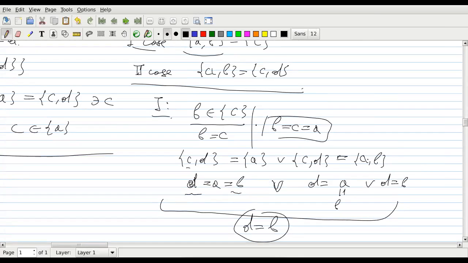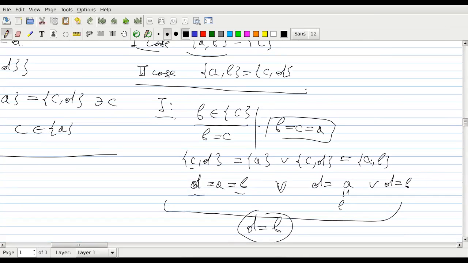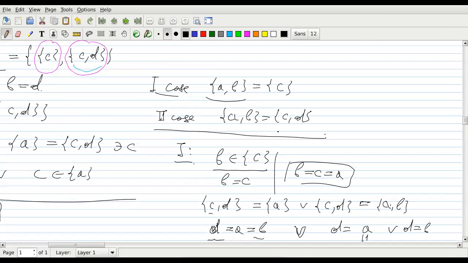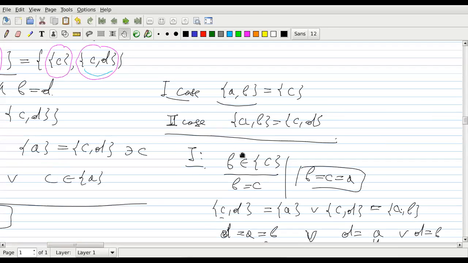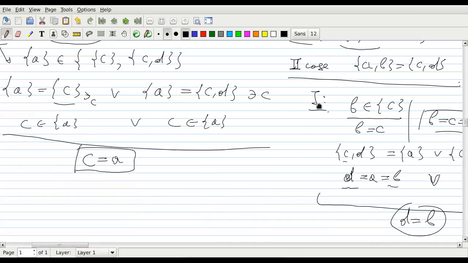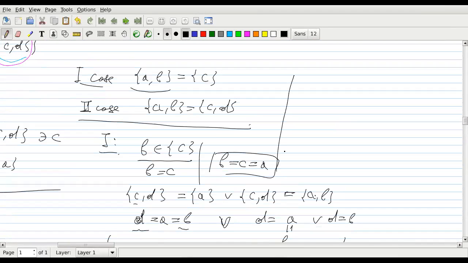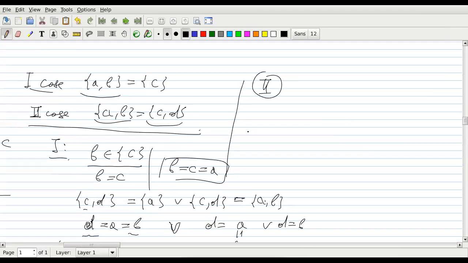Yes, and actually they're all equal. Of course, of course. Yes. But the second case differs. In the second case, I have these two. And now let's look at D. D is either B or A. Do you agree?